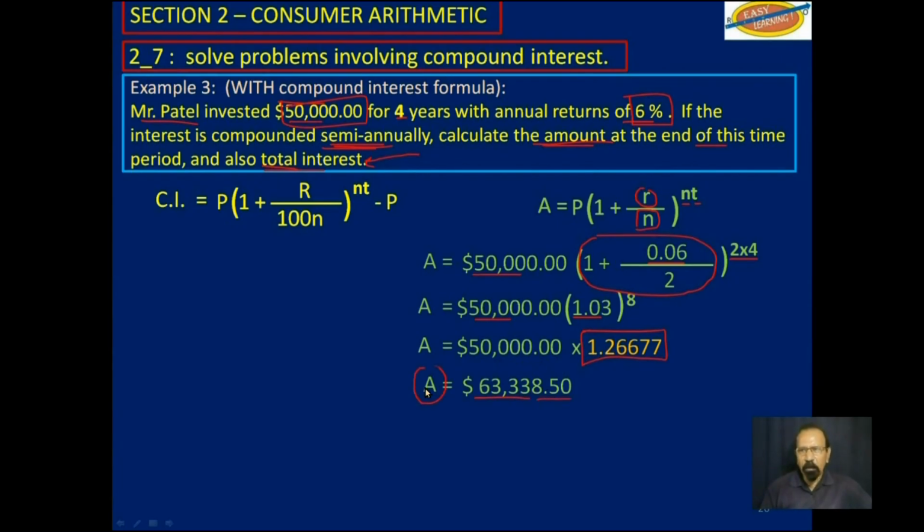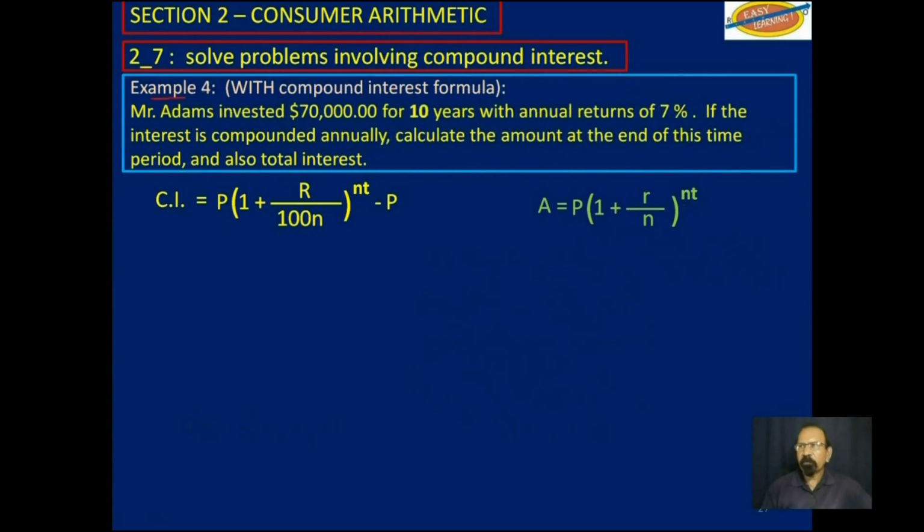That is the amount that he would get. That includes the interest plus his initial $50,000 investment. Well, if you want to find the interest, you would just obviously subtract from that the investment, and he earned $13,338.50.